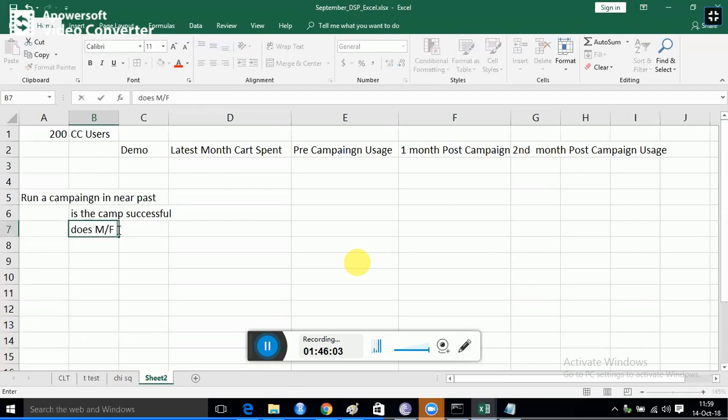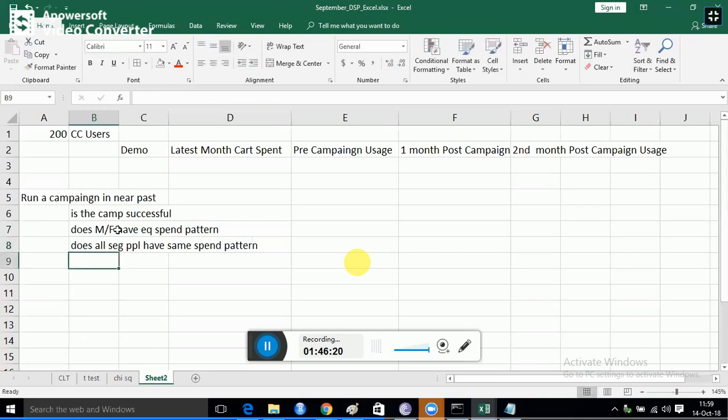Does male and female have equal spend pattern? Do all segment people have the same spend pattern? Does region really affect what segment a customer falls into?